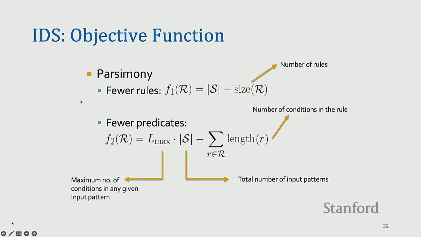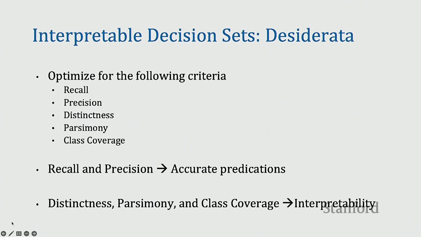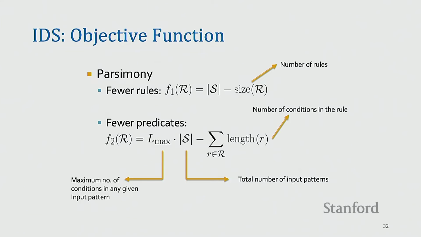All right. So the objective function in this case is trying to encompass five different criteria. Parsimony, or sparsity, is basically trying to ensure that there are fewer rules in the rule set. Our goal is to pick, from a candidate set of rules, a subset of some k if-then rules, and that will become our classifier.